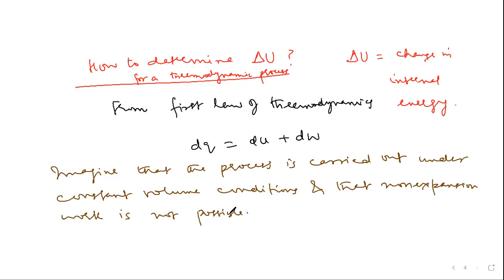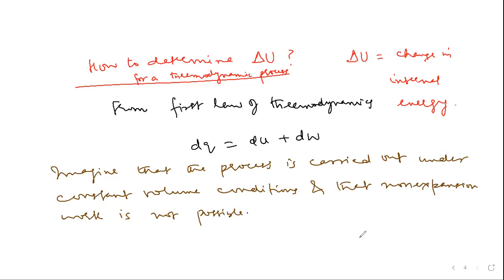Remember, we have already discussed that there are two kinds of work, expansion work and non-expansion work. So we are assuming the process under question is taking place at constant volume and there is no non-expansion work possible. So we have only expansion work.